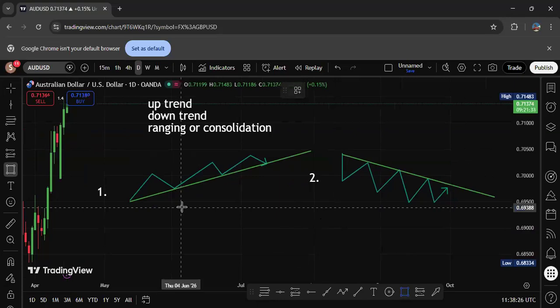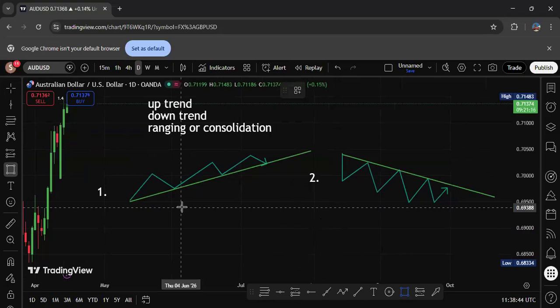In consolidation or ranging, we already said that the price has no direction. It means today you see it up, tomorrow up, this minute you see it up, the next minute it's down, up, down. It's neither going up nor down, just in between.